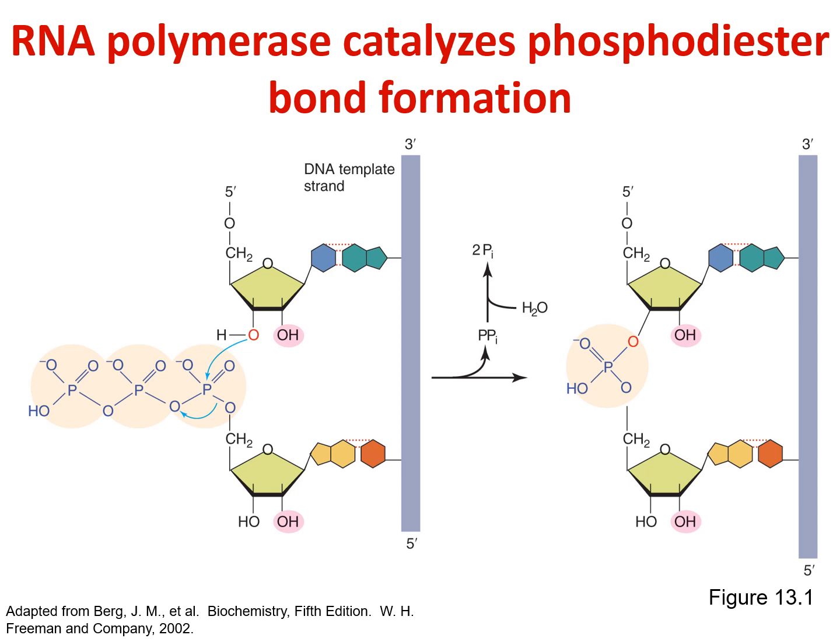Basically, again, the hydroxyl group will attack the alpha phosphate, remove the pyrophosphate, and form the phosphodiester bond. That's how they form the phosphodiester bond in RNA synthesis.